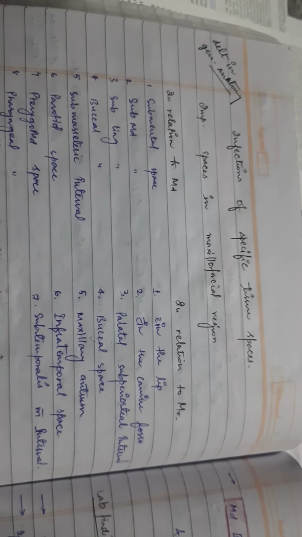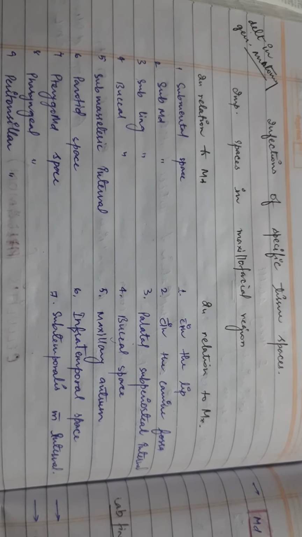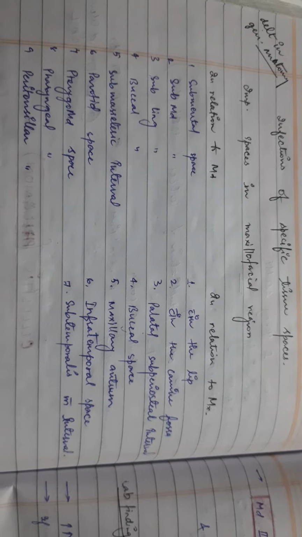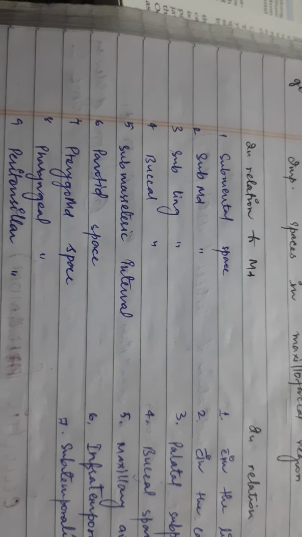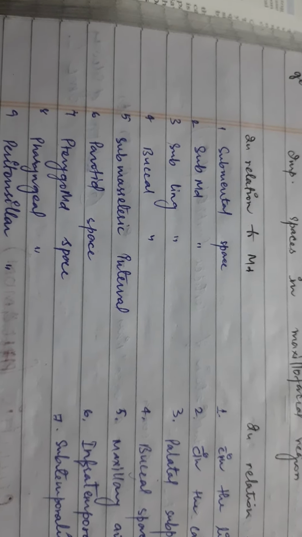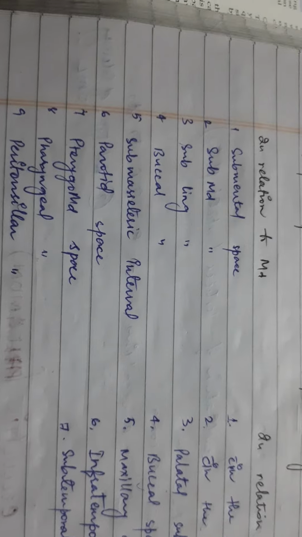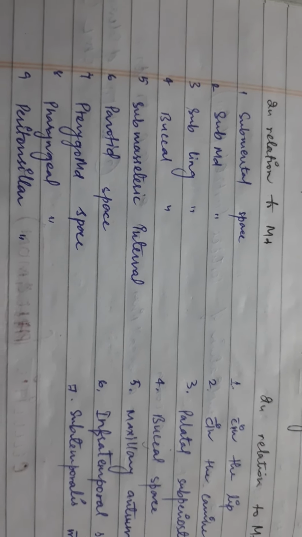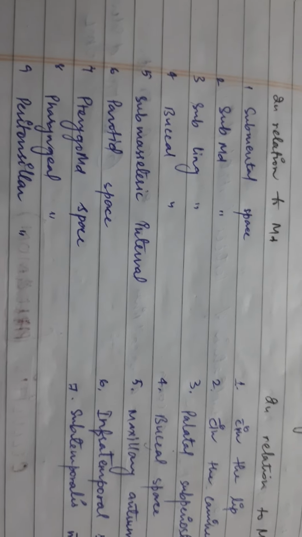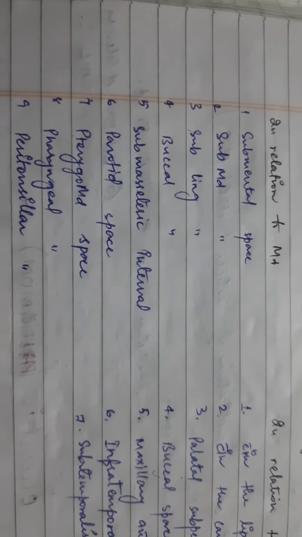Infection of specific tissue spaces: important spaces in the maxillofacial region in relation to the mandible are submental, submandibular, sublingual, buccal space, parotid space, pterygoid space, pharyngeal space, and peritonsillar space.